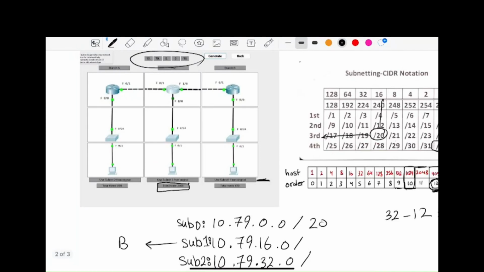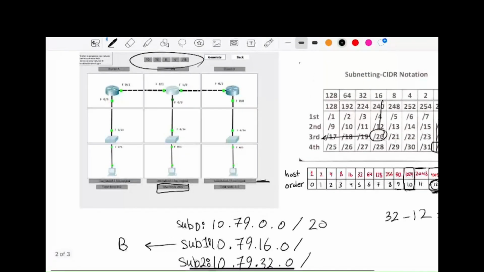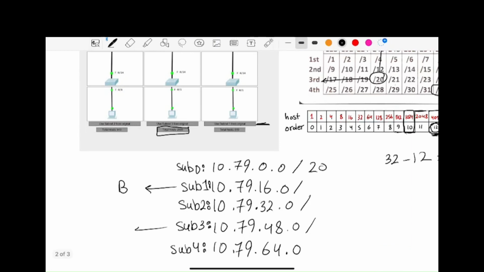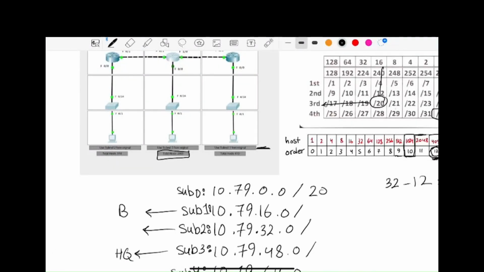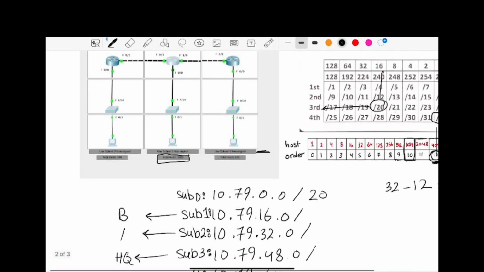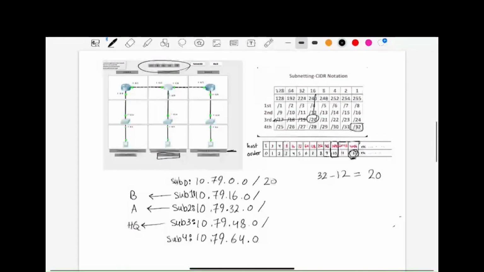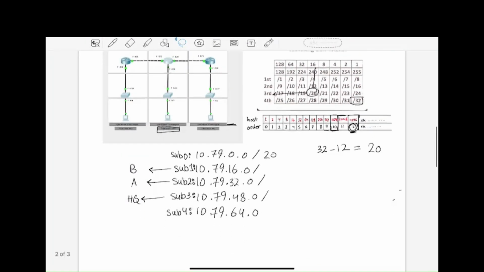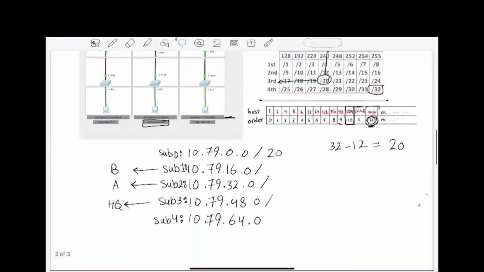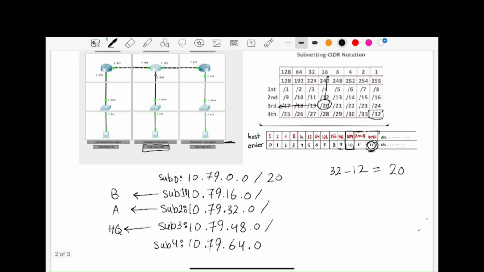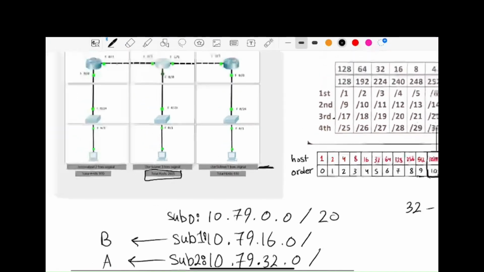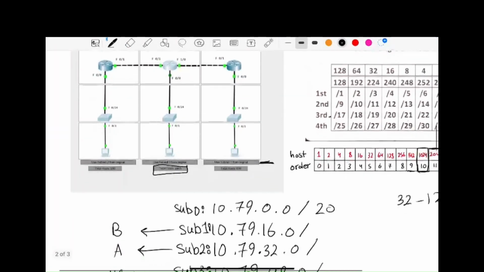HQ wants the third, and for the second, we'll go for A. But as you can see here, we don't know what subnet these network IPs are. To find out, we will go here for B first.